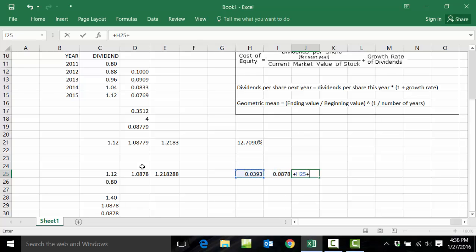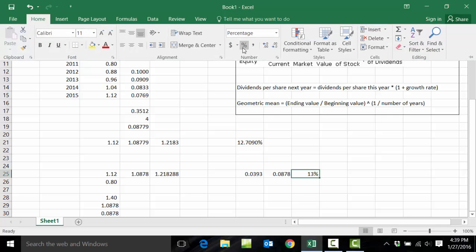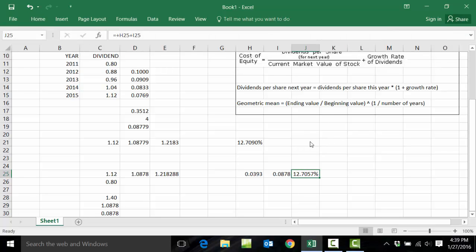You'll add these two numbers together, and that's your answer, 0.1271. If we turn that into a percentage, let's go out 4 decimals, and you'll get 12.7057% is the cost of equity using the geometric mean.